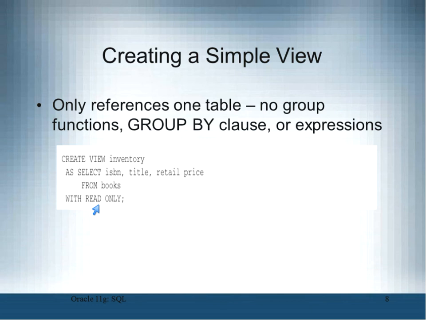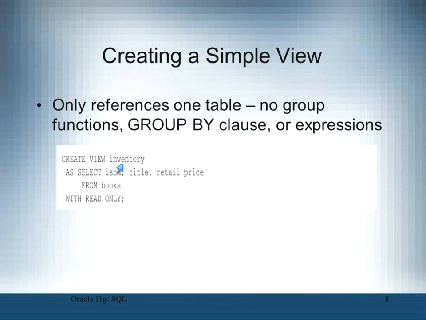That's a subset of the data. We're not concerned about all the other columns, just these 3 columns from the books table. For that, I'm going to save this query as an inventory view. So I say create view inventory as, and with read only, this is for reading only.